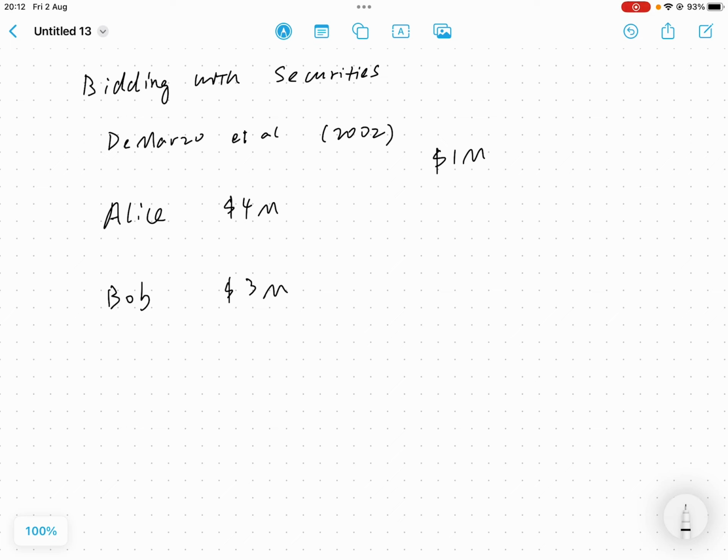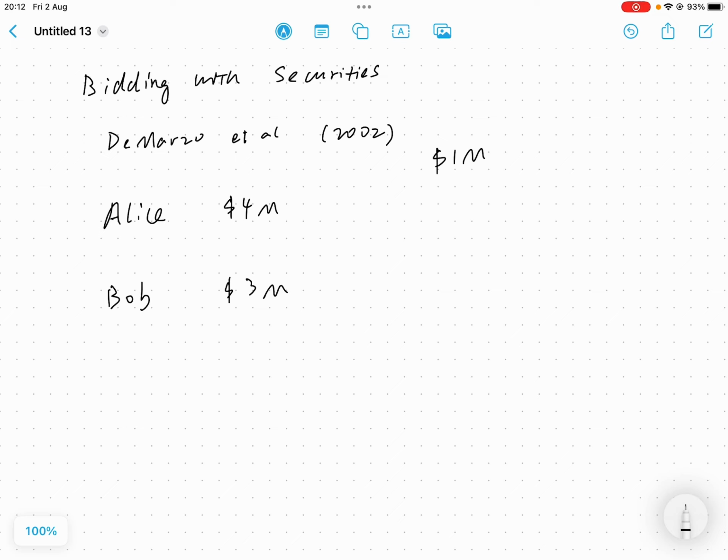Let's suppose that this is a standard second price auction, and in previous episodes we know that it's a dominant strategy for the bidders to bid their private values.